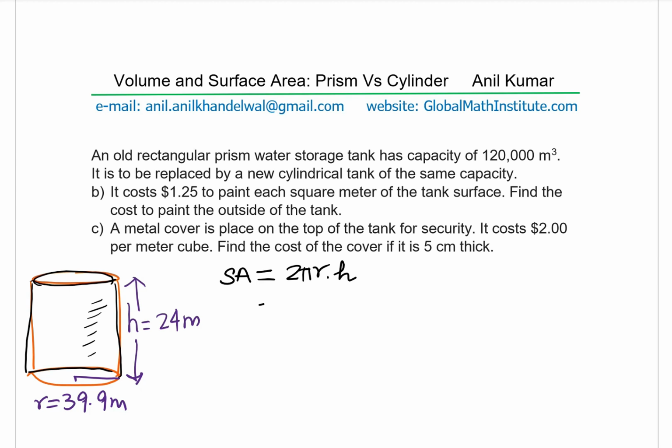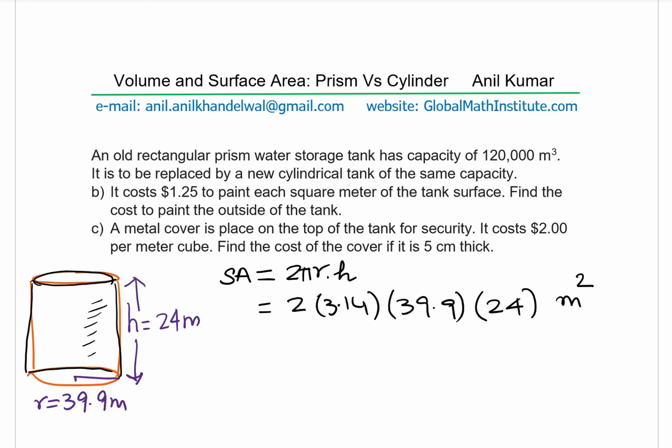So we can now substitute the values. Pi is 3.14, radius is 39.9, and the height is 24. So we get surface area in meters square. And we'll multiply this by the cost to get the cost.